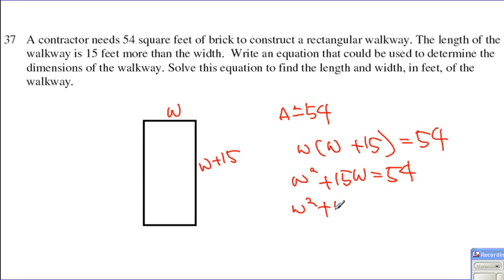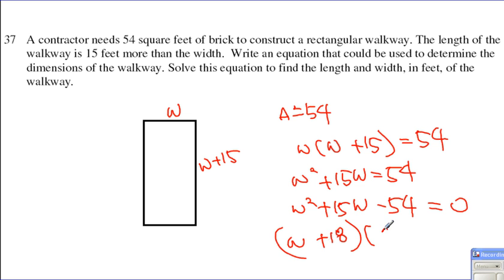And W squared plus 15W minus 54 will be equal to 0. Which two numbers, when multiplied, become negative 54 and when added become positive 15? It will be W plus 18 times W minus 3 is equal to 0.